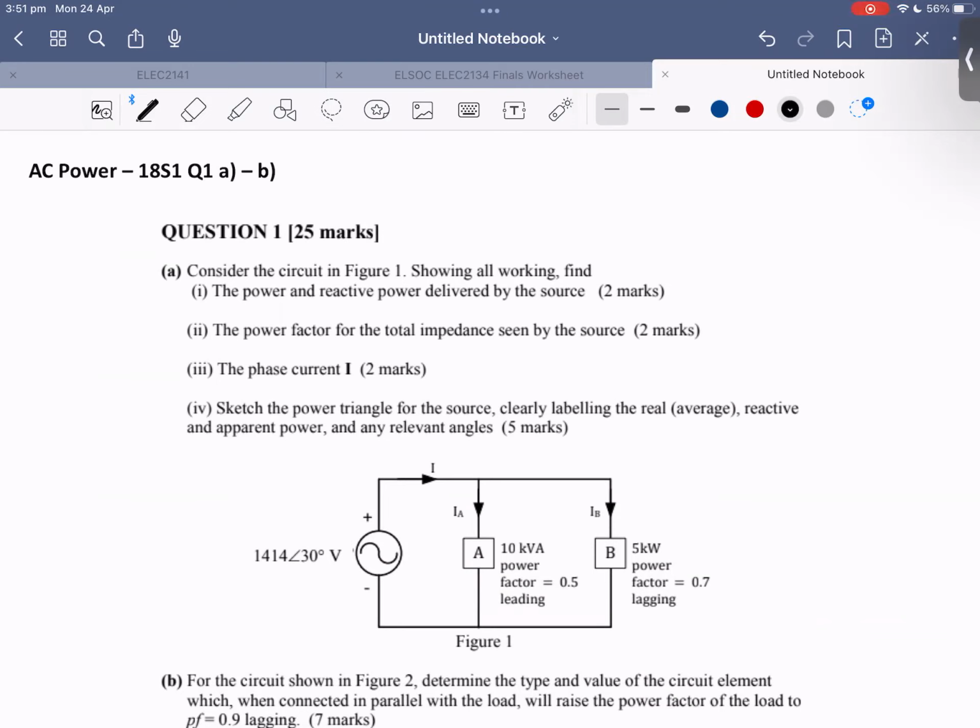So it wants you to find the average power and reactive power delivered by the source, and then the power factor, the phase current I, and the power triangle for the source. Okay, right.